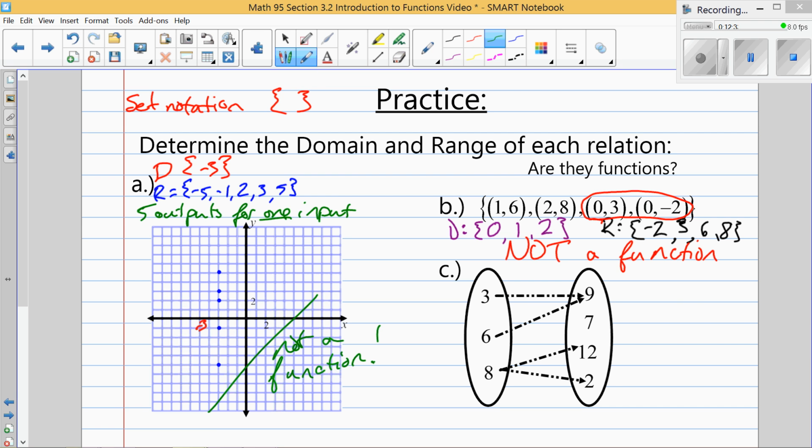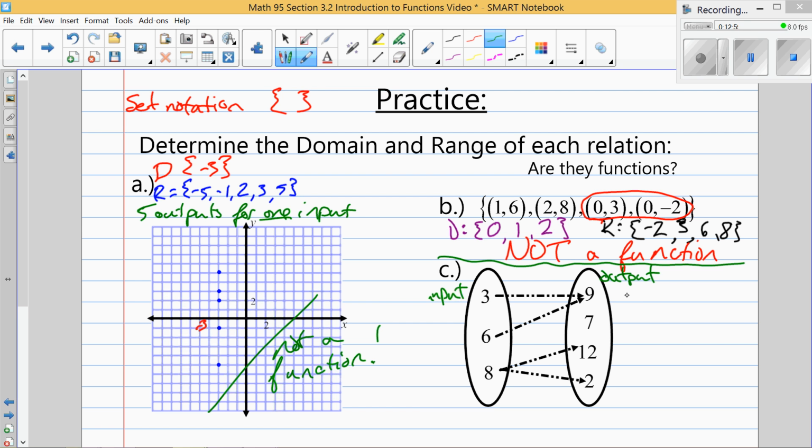For part C, you'll see these diagrams in your book, and the input is the first set, and the output is the second set. Just so we're clear on what that means. For my input, I have a 3, a 6, and an 8.